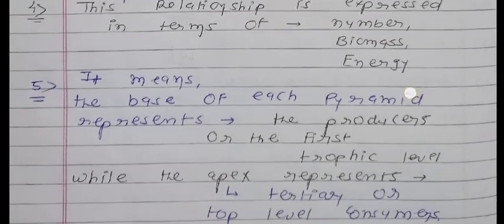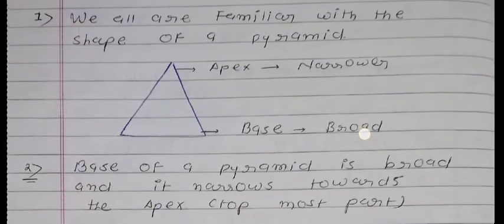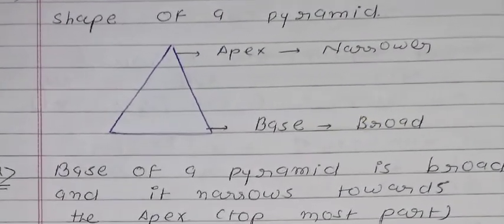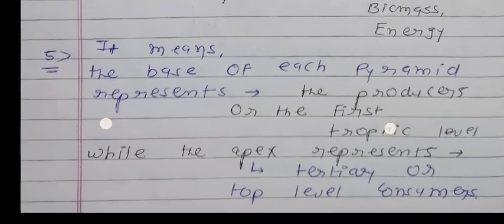Point number 5, remember it is important, the base of each pyramid represents the producers or the first trophic level. We are talking about the base, which means the posterior part.